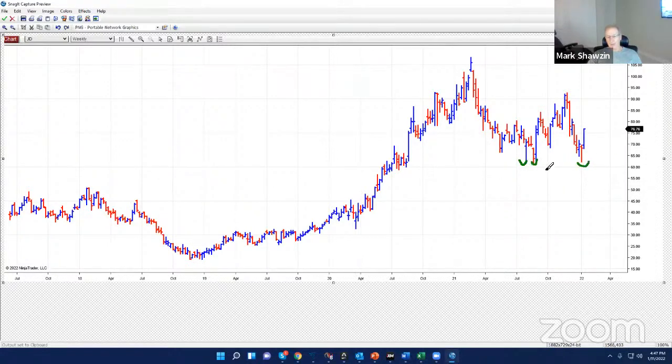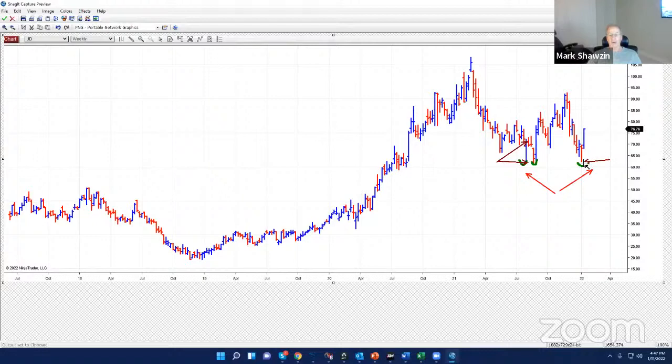And what I look at is a combination of the patterns. So you can see that this is a double bottom, a large bottom, if you will. But I also look at the price action. And what you'll notice about what I mean by the price action is when it made a new low, it closed right on the high.